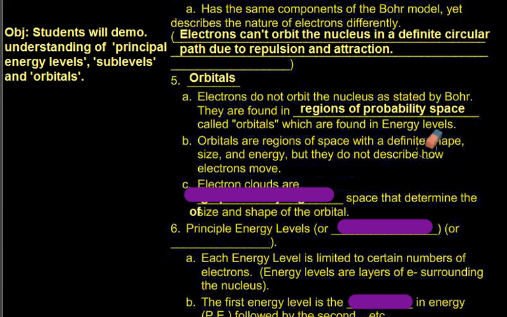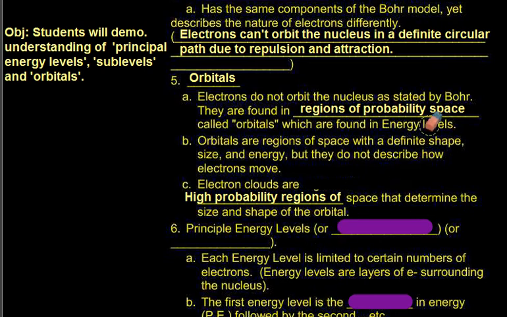Orbitals are regions of space with a definite shape, size, and energy, but they don't describe how electrons move. They just describe where they can be found. These regions are called electron clouds. They are high probability regions of space that determine the size and shape of the orbital.